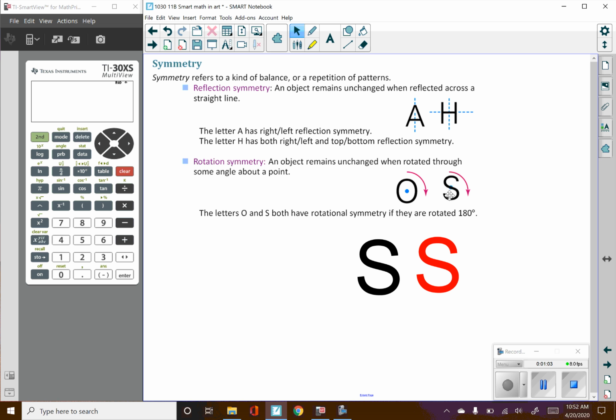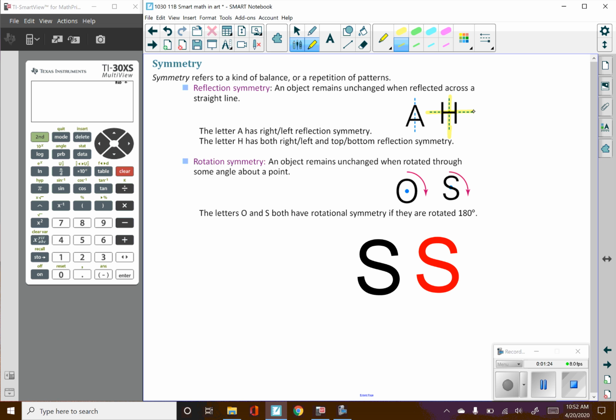The letter H has both left-right and top-bottom reflection symmetry. We could reflect it about this vertical line and it would have the same appearance, and we could also reflect it horizontally and it would have the same appearance. So those are reflection symmetries.